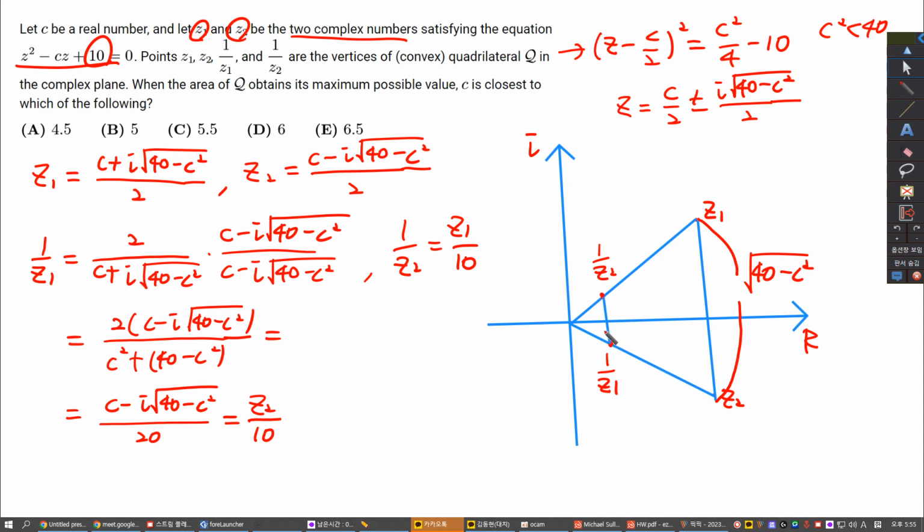And for this one, it's the tenth of this base length, like this.